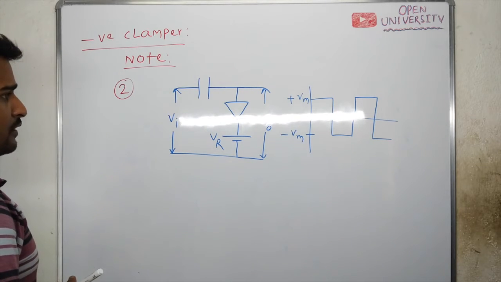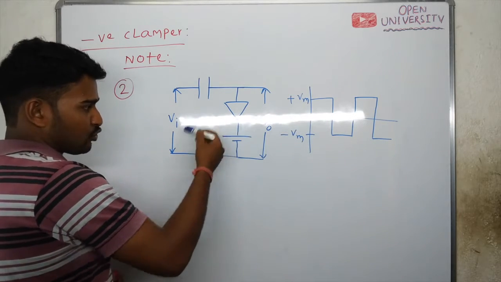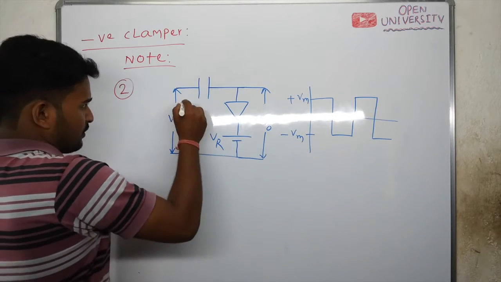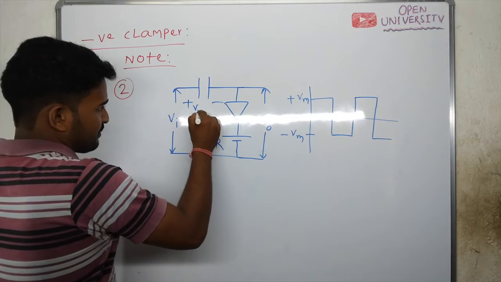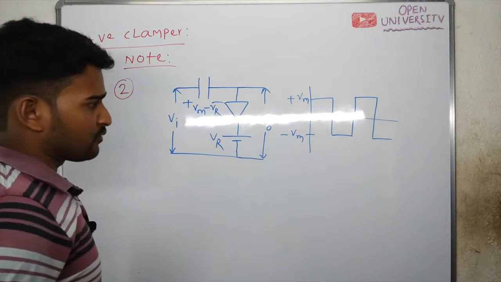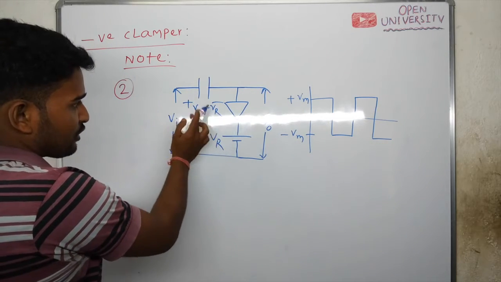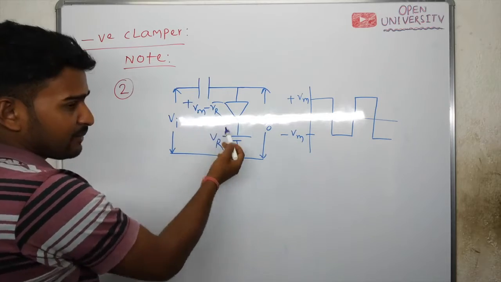Now, during the positive half cycle, the diode will be forward biased and replaced with a short circuit, and the capacitor can charge up to Vm minus Vr.